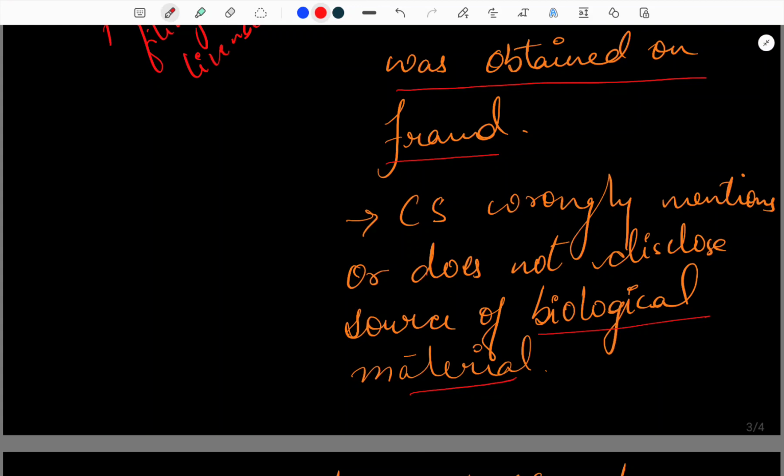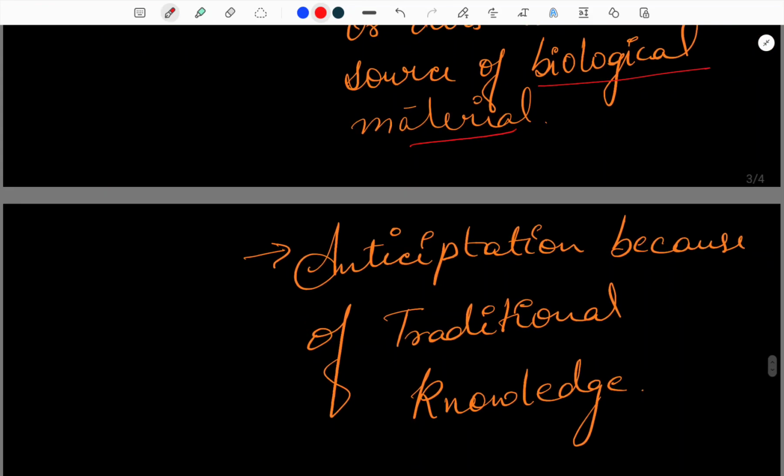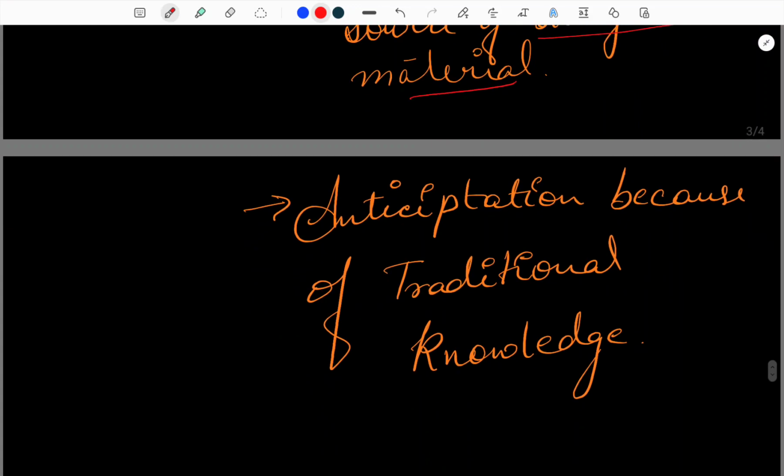If you have disclosed it wrongfully, or if you have suppressed certain information, then that becomes a ground for revocation of the patent. Or anticipation because of traditional knowledge. Traditional knowledge is not patentable. If you have applied for a patent, that patent has been granted, but later on it is found that the particular patent is based on traditional knowledge, then it is again a ground for revocation.